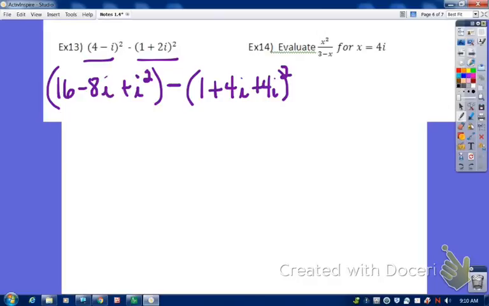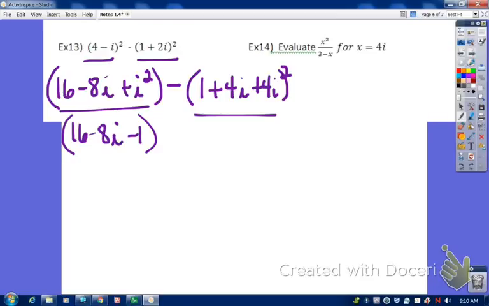Parentheses. Don't I have some stuff to do inside this parentheses? Yeah, that i squared is going to turn into a negative 1. So I have 16 minus 8i minus 1 in the first set of parentheses. And over here I have 1 plus 4i minus 4.